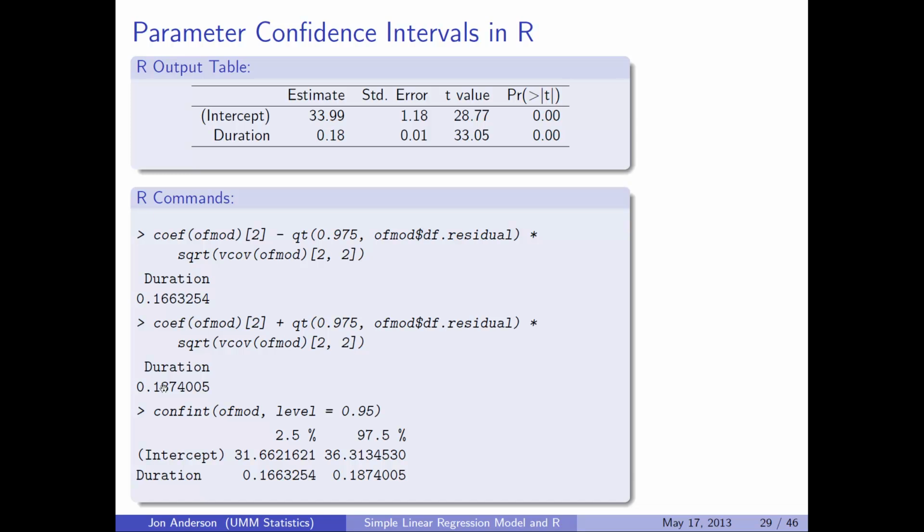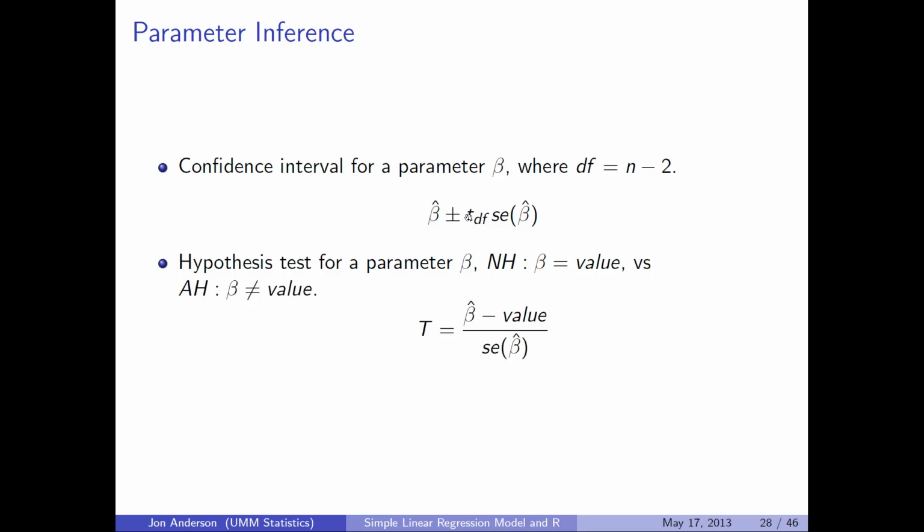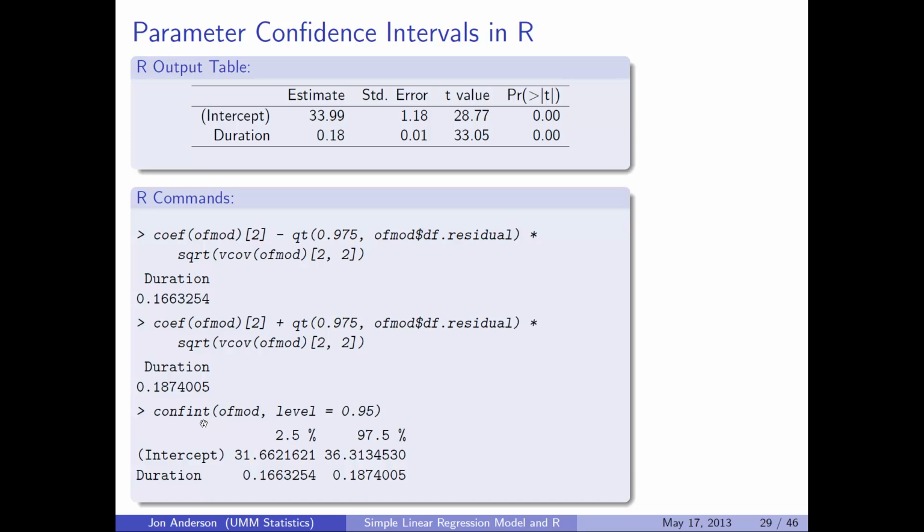I come up with an upper boundary of 0.187. And I want you to notice that that is the same thing you get if you use the confidence interval command called confint. You will not do these first two commands, but I just want you to see that if you do the formula for a confidence interval out in full glory, like I'm saying here on overhead 28, you get the same result as if you use the confidence interval command.